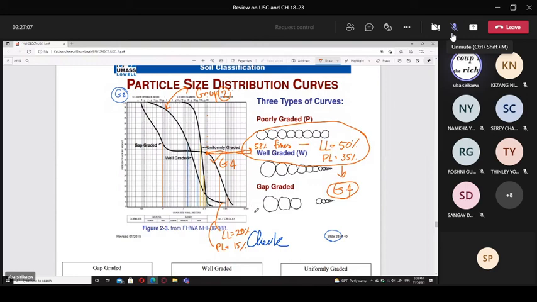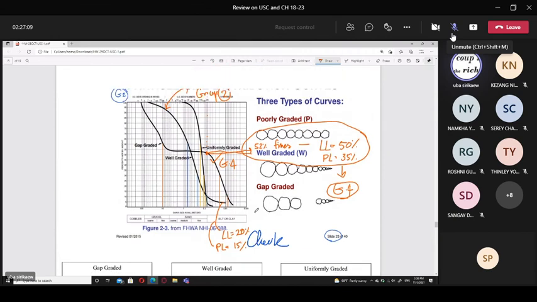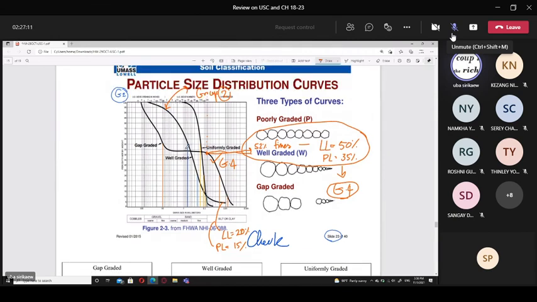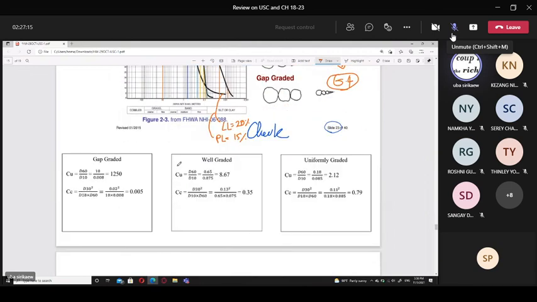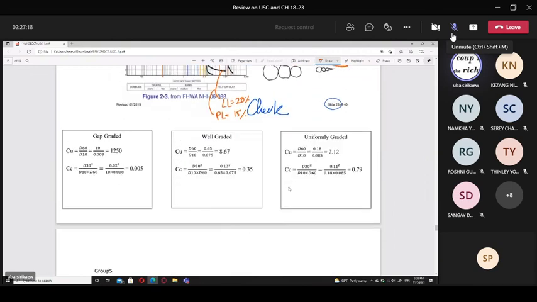If you take a look, this that you call gap grade. See? Gap grade, no need to check CU, CC. Oh, excuse me, I do wrong.